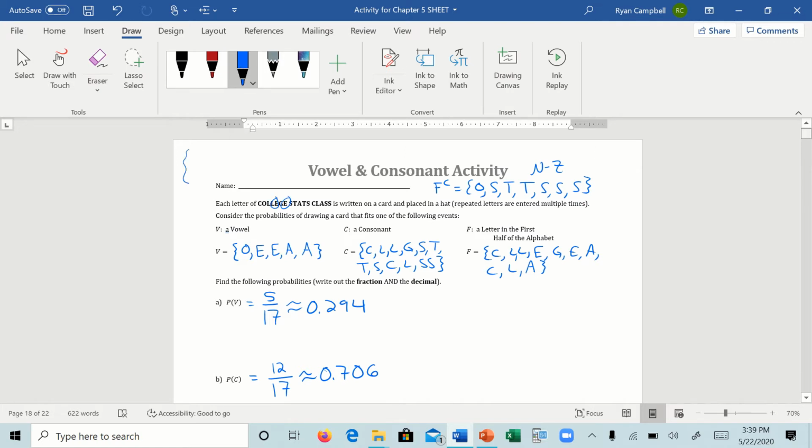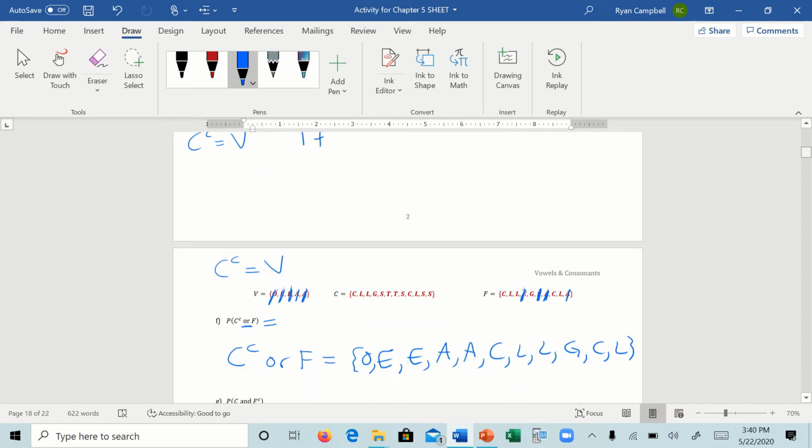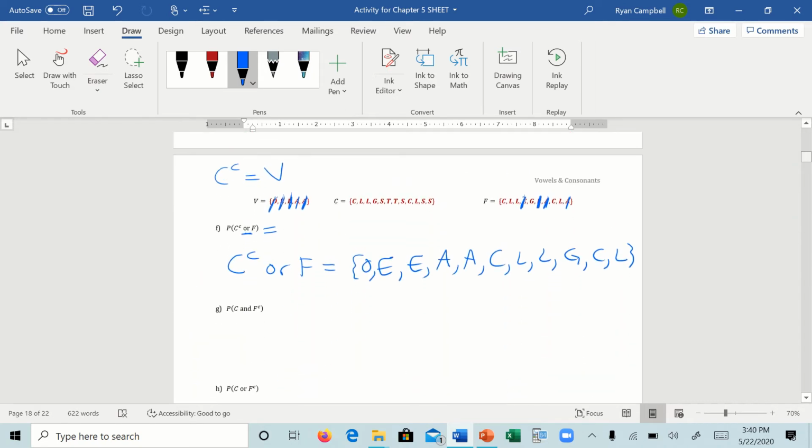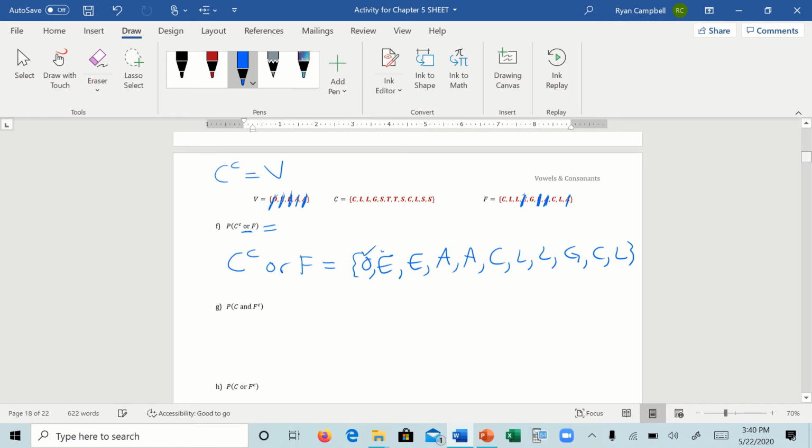On one piece of paper you wrote E, and on another piece of paper you wrote E. So you can't have more than 2 E's, right? All right, so when we count these up, 1, 2, 3, 4, 5, 6, 7, 8, 9, 10, 11. We see it's 11 out of the total, which is 17. So when you divide 11 by 17, you get about 0.647.